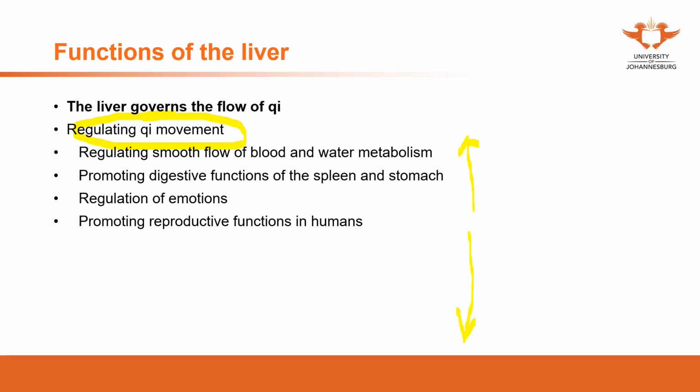Thus, if the qi doesn't move regularly, the patient may present with irregular menstruation, amenorrhea, painful menstruation, or dysmenorrhea. In males, if there is excess movement, the patient may also present with spermatorrhea. The above are some examples of the liver governing the flow of qi.